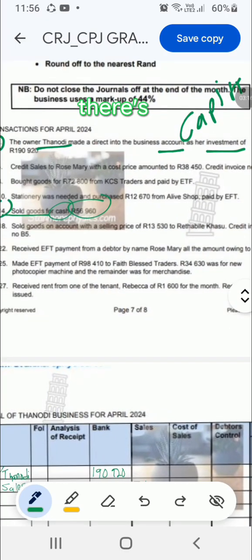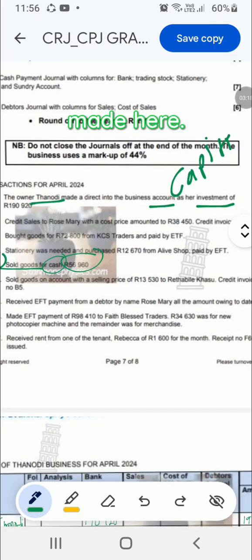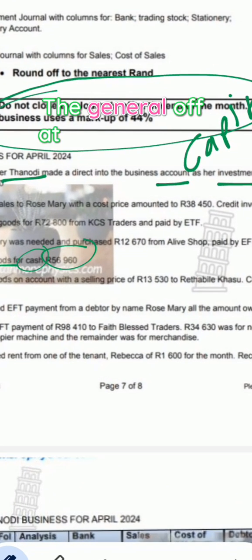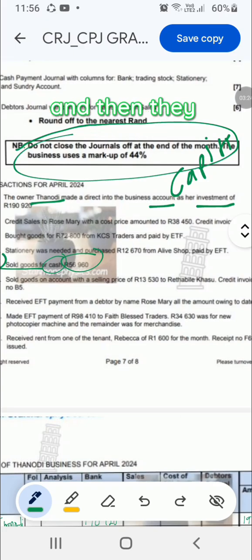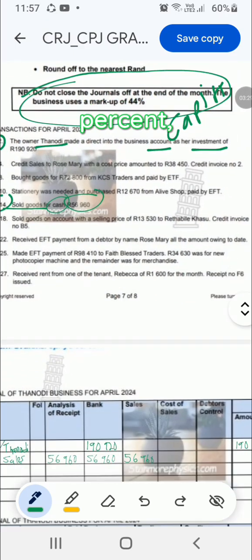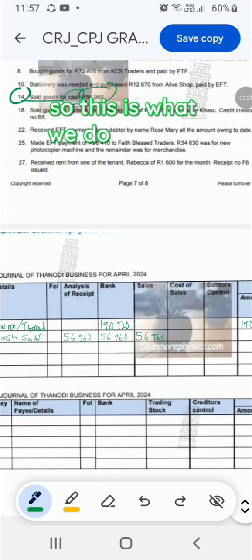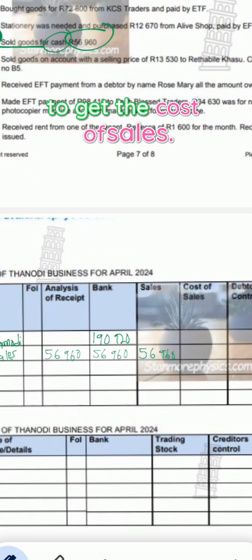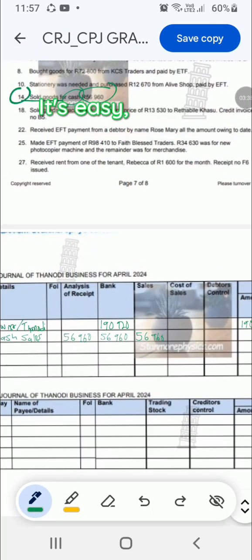Let us read this statement that they made here. Do not close the journal off at the end of the month. And then they say the business uses a markup of 44%. So this is what we do in order to get the cost of sales. It's easy. We say 56,960.